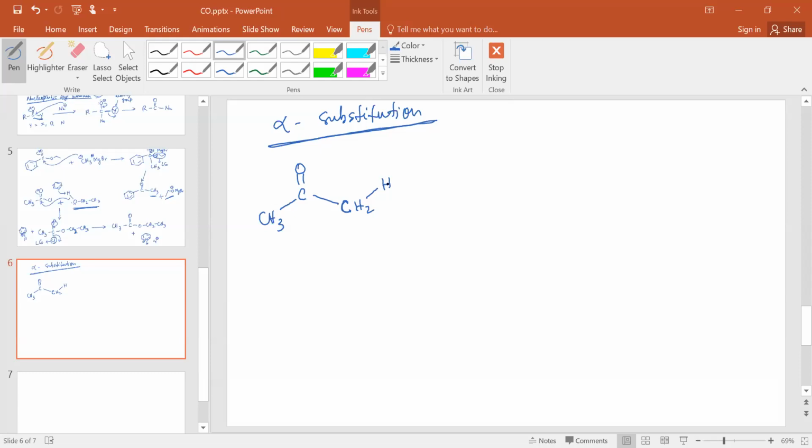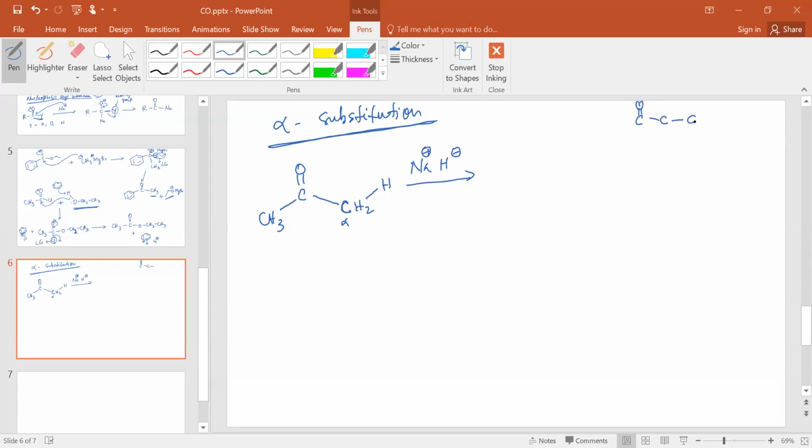So if you take a strong base, let's say sodium hydride or lithium diisopropylamide, LDA, what will happen? This carbon will be called alpha carbon, okay? Remember, the carbon attached to the functional group is called alpha carbon.